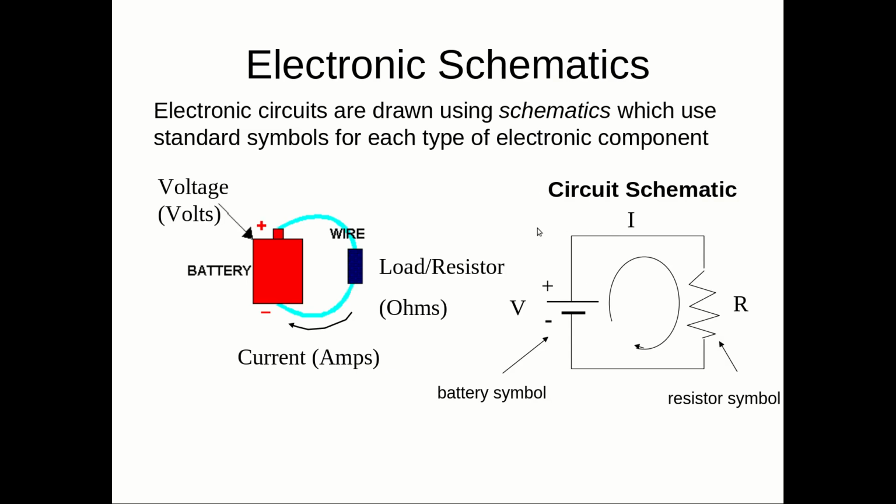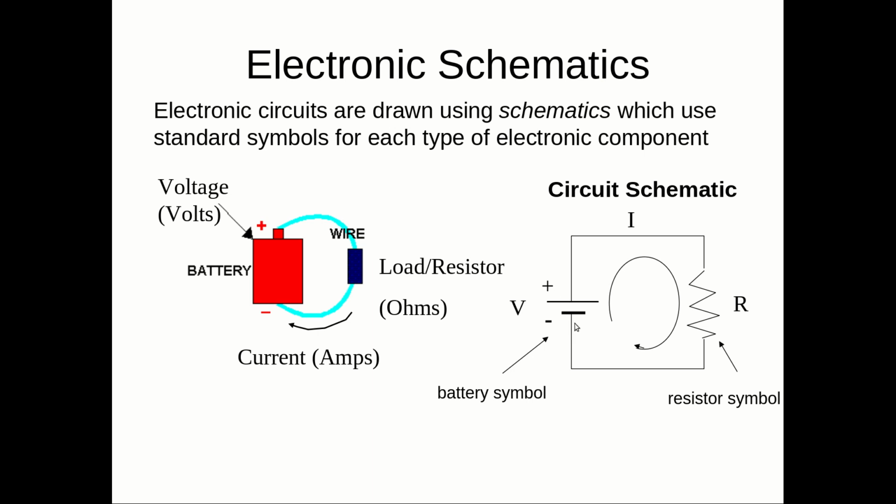Now, remember the electronic schematics and the models for the circuits. This is the circuit that we have in real life: battery and resistor. But to explain it on paper and in a schematic to work with a circuit, we have to use standard symbols to refer to the battery.